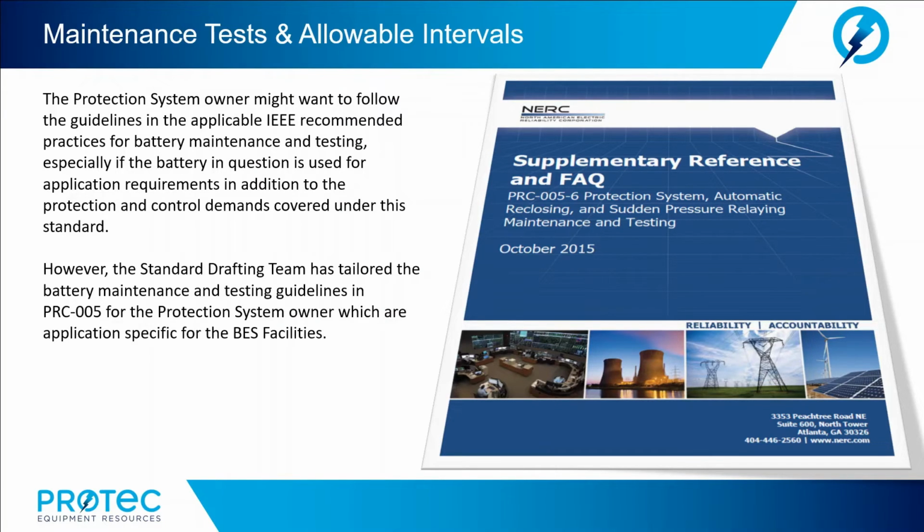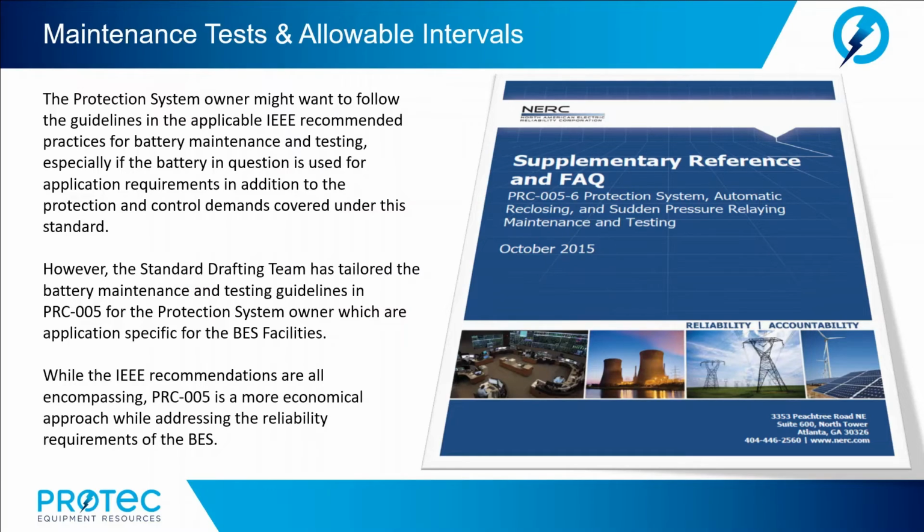However, the standard drafting team has tailored the battery maintenance and testing guidelines in PRC 005 for the protection system owner, which are application specific for the bulk electrical system facilities. While the IEEE recommendations are all-encompassing, PRC 005 is a more economical approach while addressing the reliability requirements of the bulk electrical system.